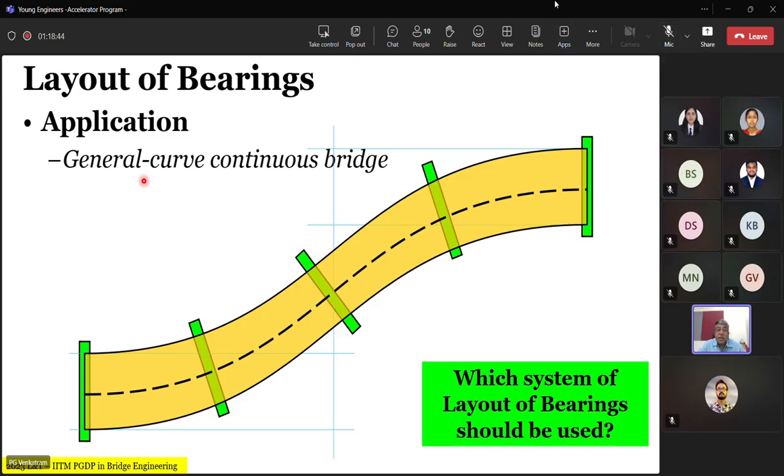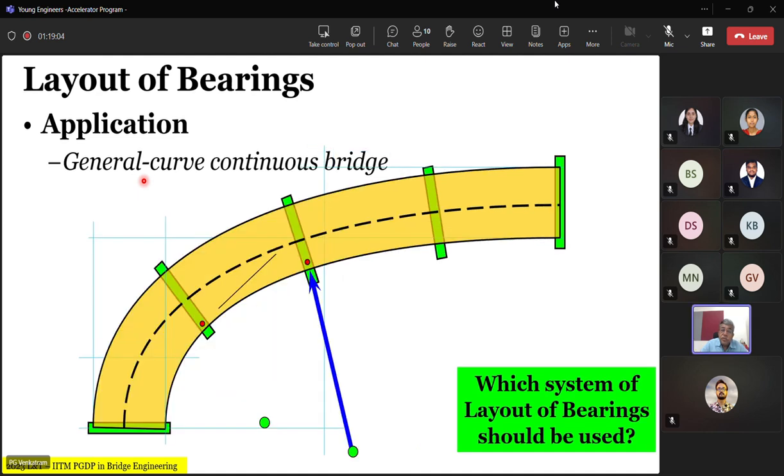I have a curved one like that, a general curve. Which system of layout should be used? Very difficult to answer. You have a varying deck, you have varying radius, you have change in the direction of curvature, etc. So again, you may end up having to do it on the basis of the magnitude of the forces.